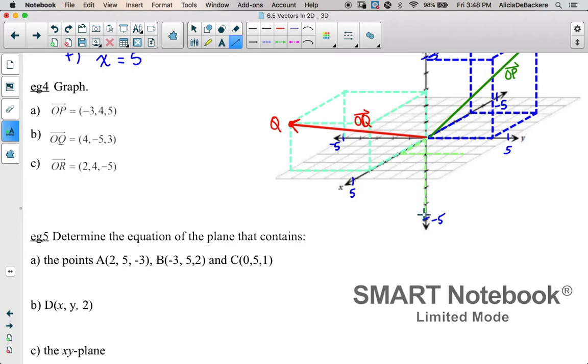So again, I'm going to measure the 5 units along the z-axis and then drag that out. This might not have been the best color choice. So there we go. You can kind of see now the form of the box.